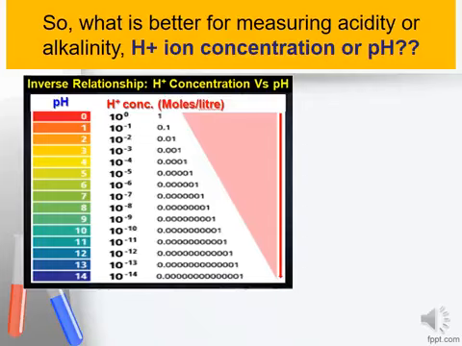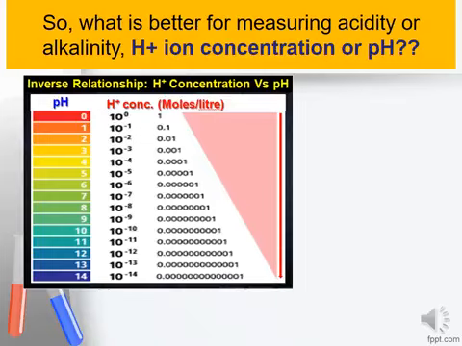So acidity and alkalinity will not be expressed in hydrogen ion concentration, as it is very, very small and has different fractions and decimals. By expressing it in pH and pOH, it will be easy to measure.